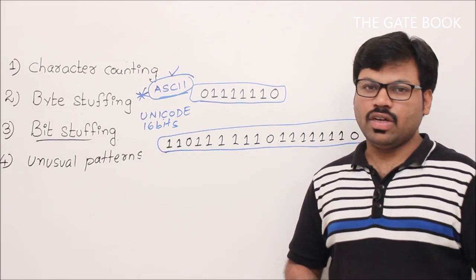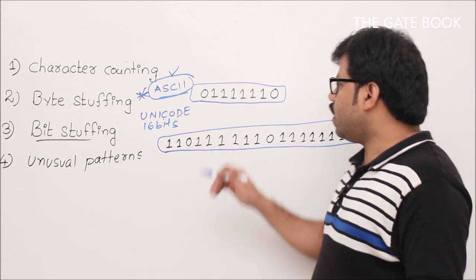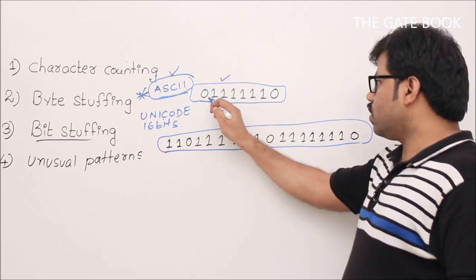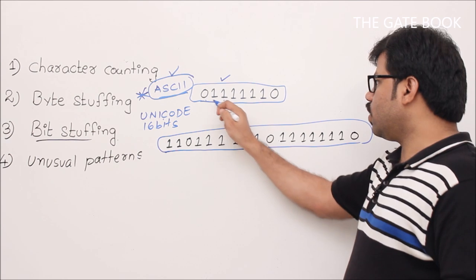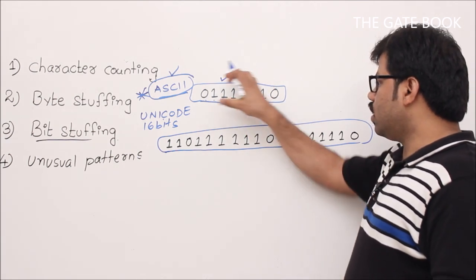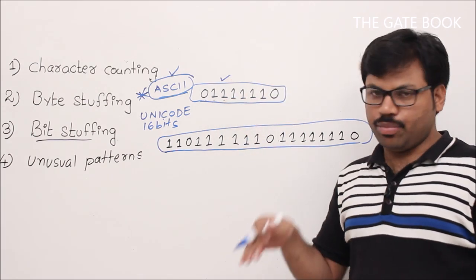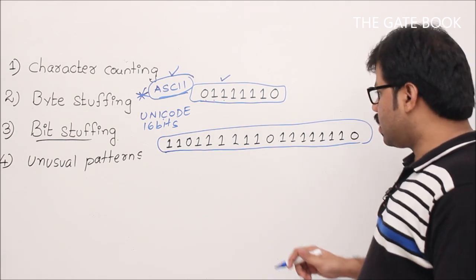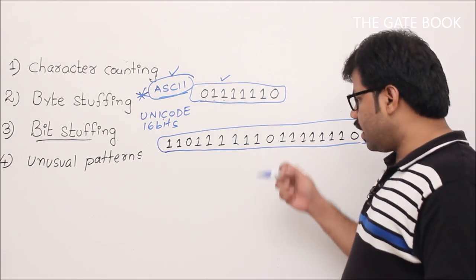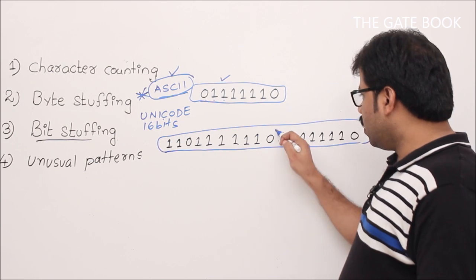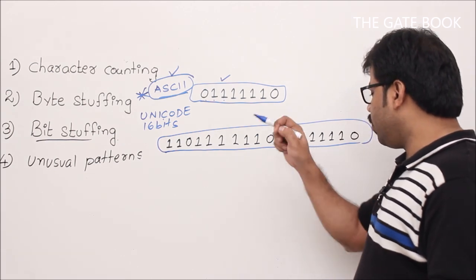That means, sorry, the frame. So how to stuff is this binary pattern, a special binary pattern: 0, six ones, and 0. This binary pattern we are going to stuff before the frame and at the end of the frame. Example, let's say the data link layer realized that up to this point should be one frame.